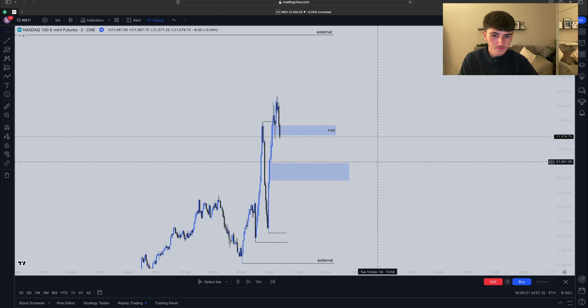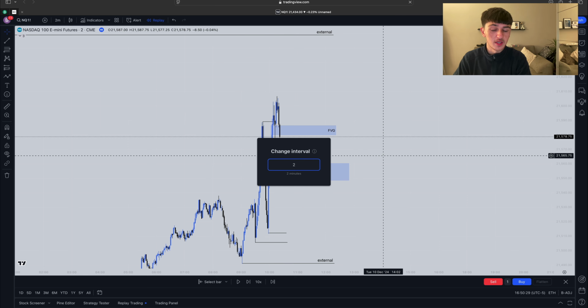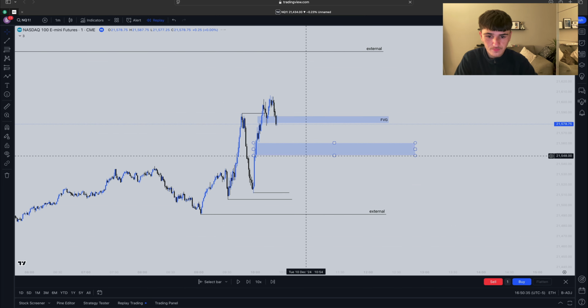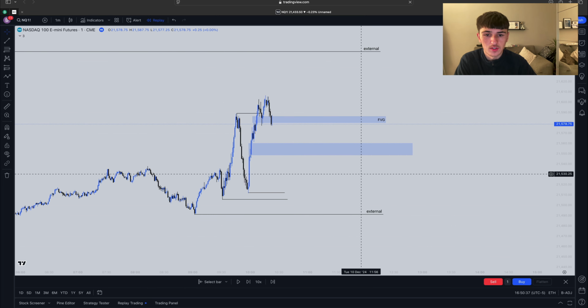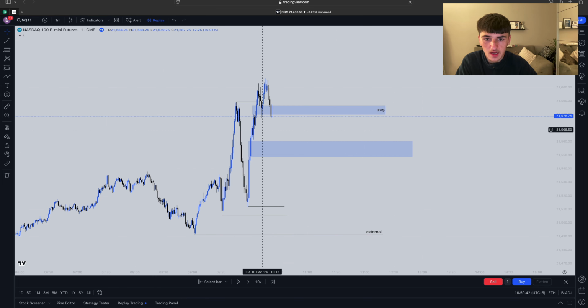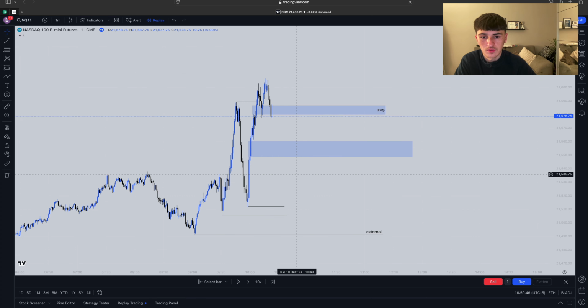And then I was looking at targets. So this is where we go onto the checklist and we check, have we got any clear and obvious targets? Now, in this example right now, there isn't actually many clear or obvious targets in terms of equal lows or anything like that. But what we did have was good displacement down and a clear sign of reversal.